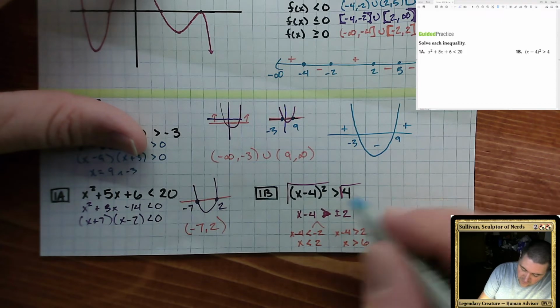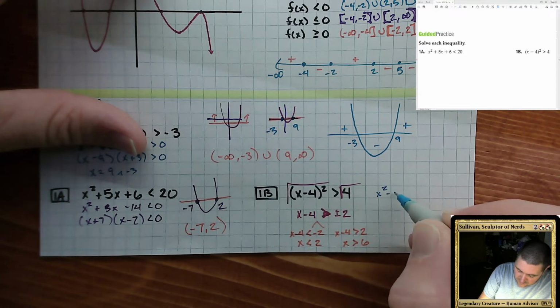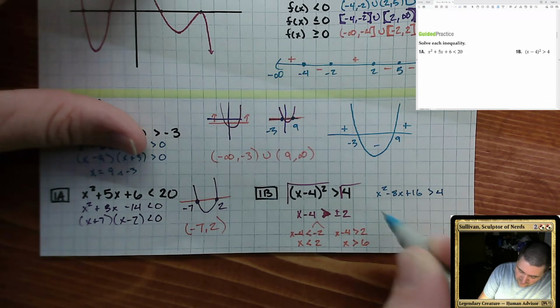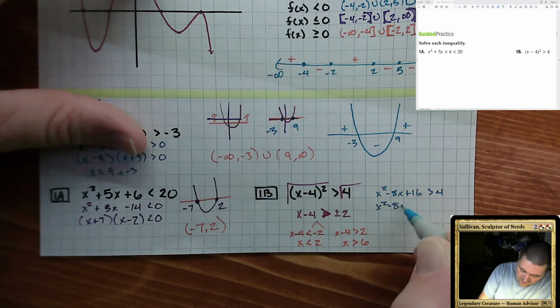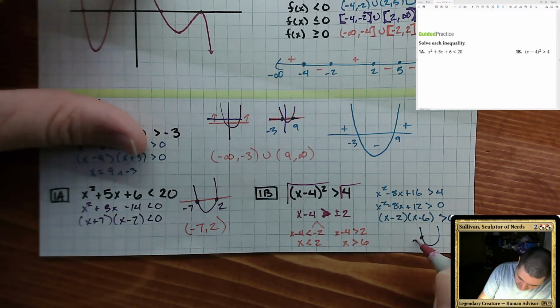If I had actually expanded that out, I'd have x squared minus 8x plus 16 greater than 4, subtract the 4, plus 12 greater than 0. Factors of 12 that add up to negative 8 are x minus 2, x minus 6. And again, I see I have a positive parabola with zeros at 2 and 6.